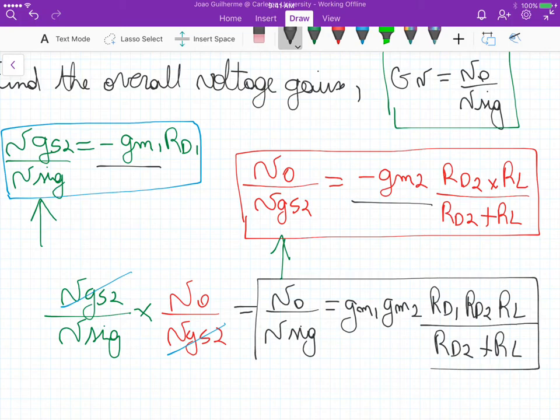And that's the equation for the overall voltage gain, right?